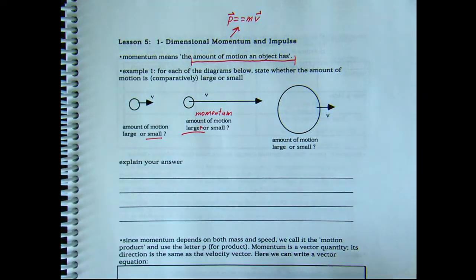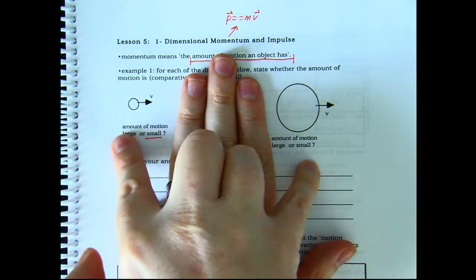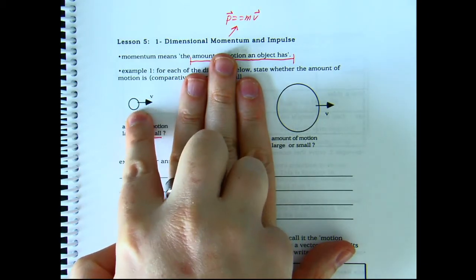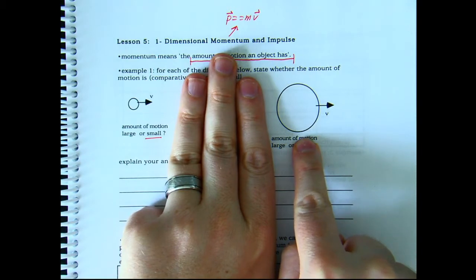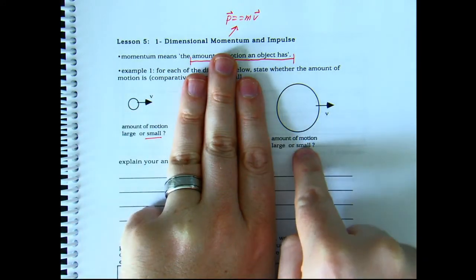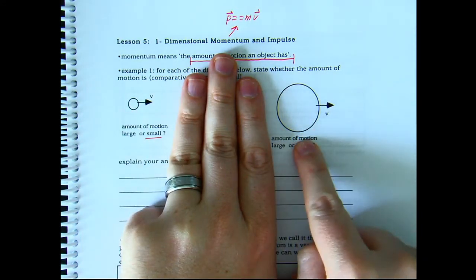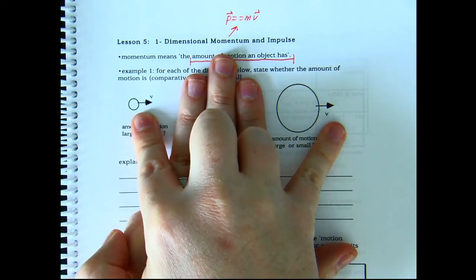If we ignore this middle one here for a sec, and I just take a look at the beginning one versus the ending one, if I rolled a marble at you slowly, you could stop it with minimal effort. If I rolled a car at you slowly, good luck. So even this compared to this, we can see that the larger object has more motion, even though these two might be moving at the same speed.